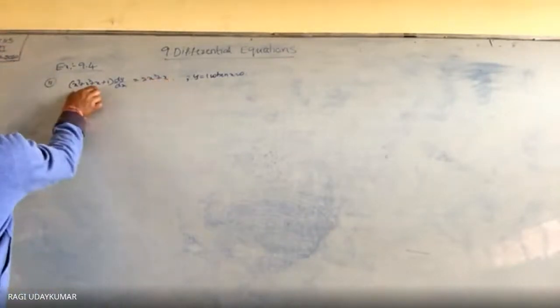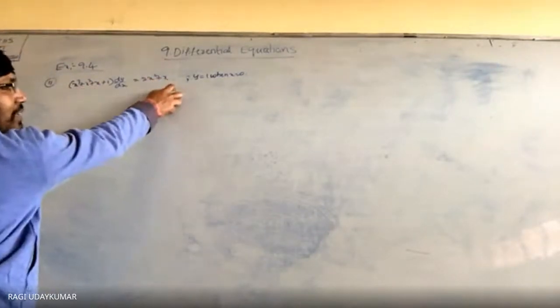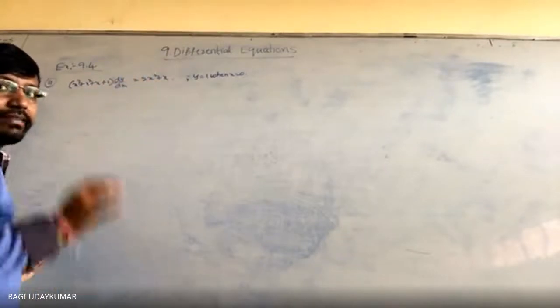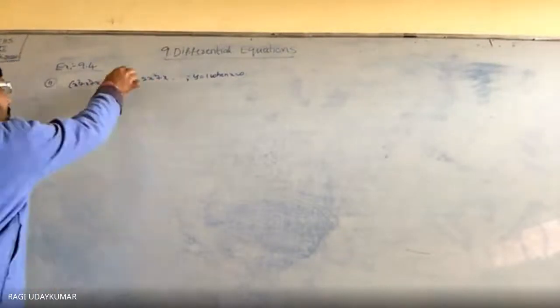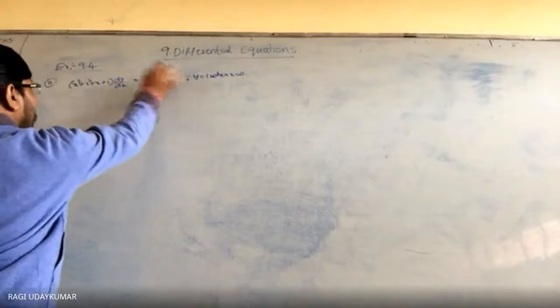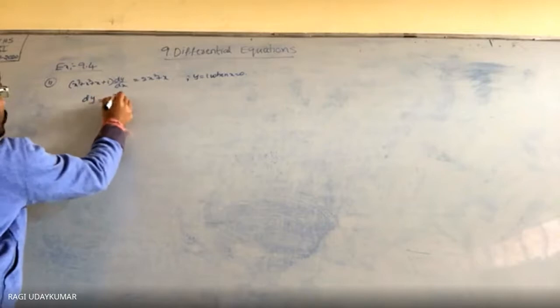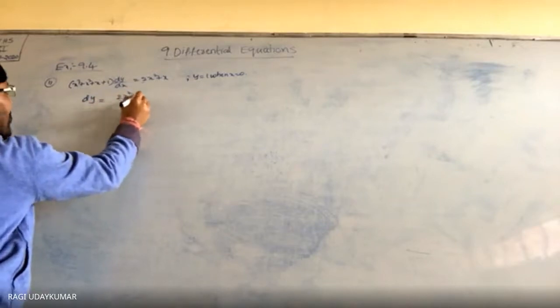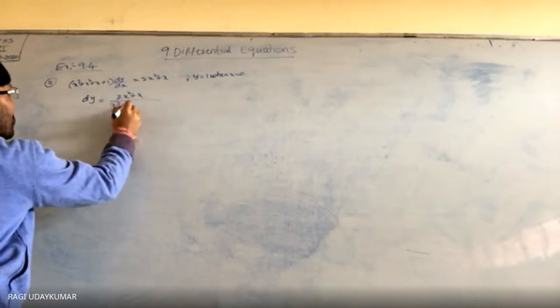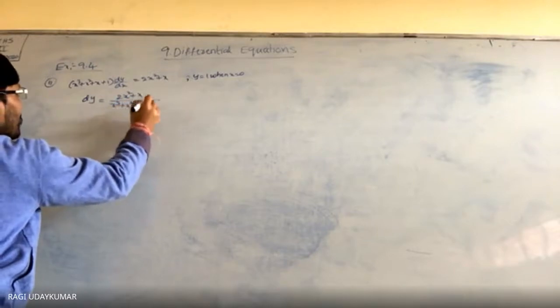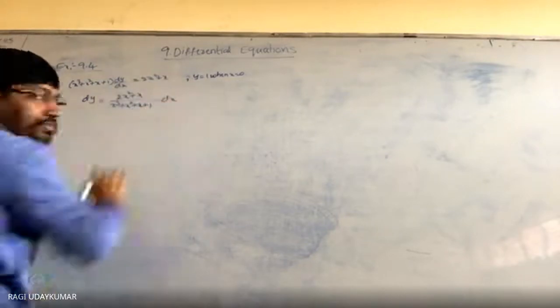I told you dx and dy should be in the numerator. dy here in the numerator, this dx has to go there. So this term has to come here. So what I will do here, dy is equals to 2x square plus x by x cube plus x square plus x plus 1 and dx also here.